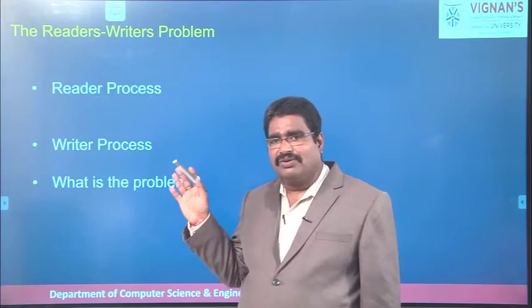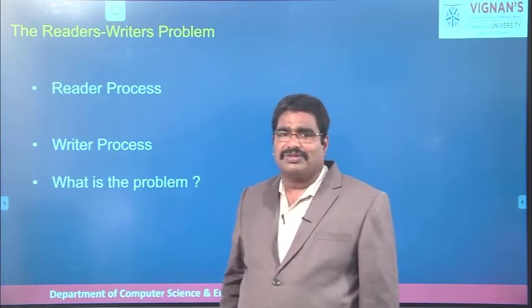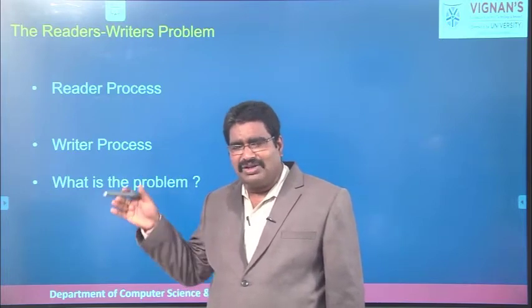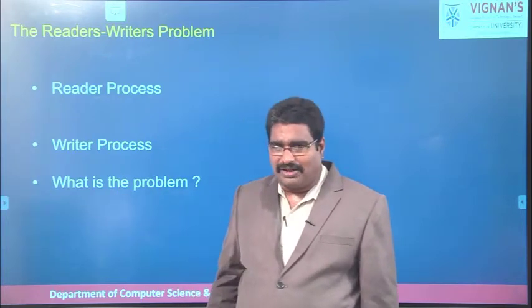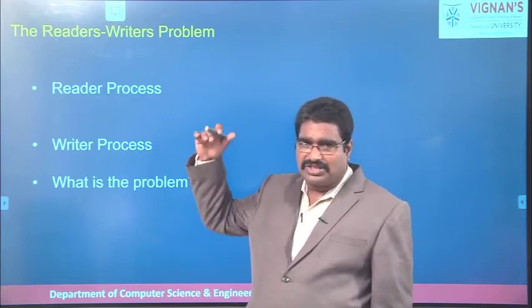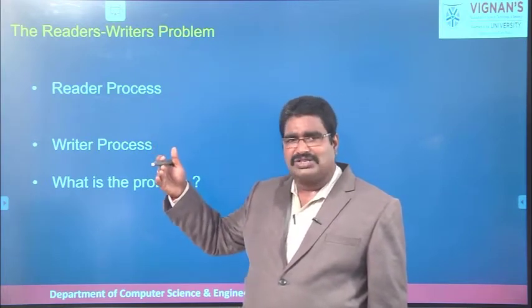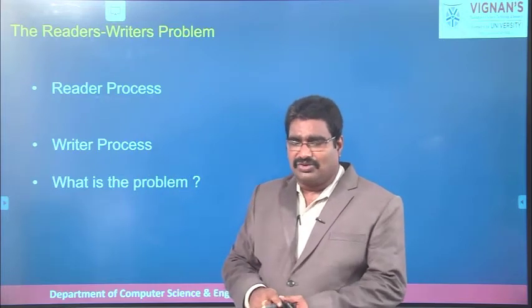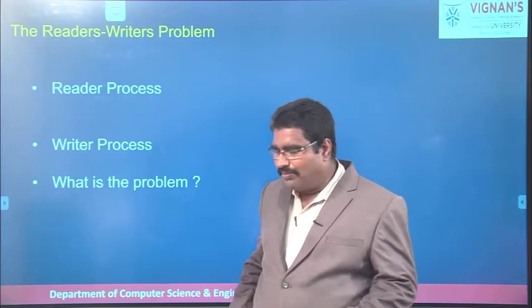In addition to that, no reader should be performing the read operation, because if one reader is already performing the read operation and in the middle we allow the writer to perform the write operation, the data is modified in the middle of the reader process consuming it. The reader got one data in the beginning, but in the middle it is already modified. So, automatically a problem may arise.